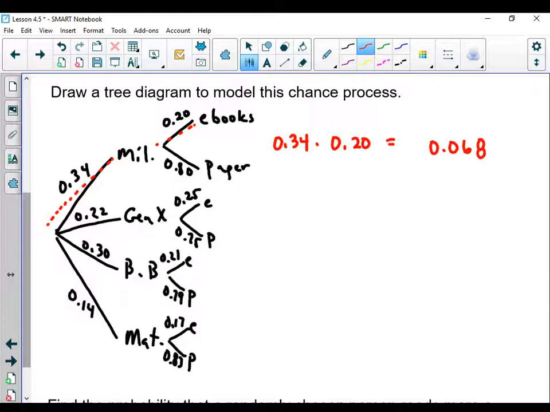All right, now I move on to the Gen Xers. The Gen Xers is 0.22 and then 0.25. So I multiply those together. So that's 0.055. Then I look at the baby boomers. Well, the baby boomers would be 0.30 and 0.21.